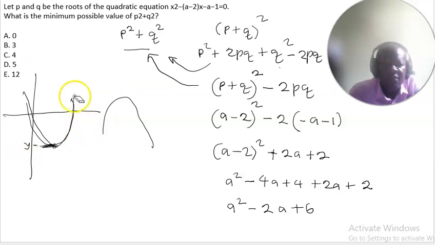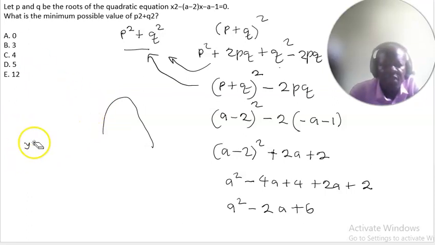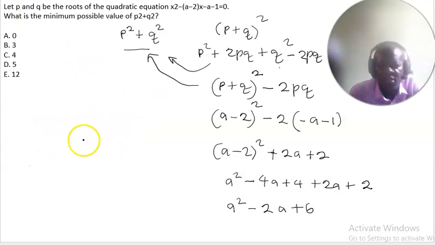So let's wipe the graph off and start solving. Now, in order to find the minimum point or the turning point of a quadratic equation, we need to turn this into this form.